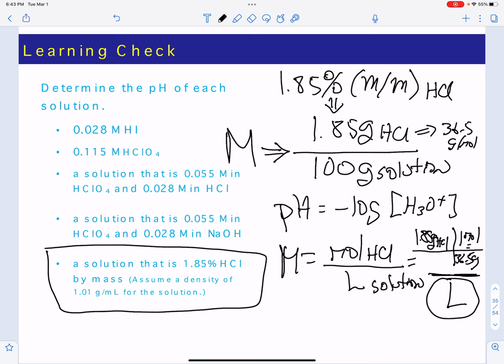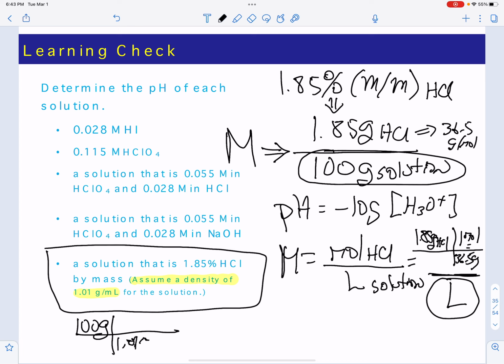So how do we find the volume? Well, we have 100 grams of the solution, and the problem is telling us that the density is 1.01 grams per milliliter. So given 100 grams of the solution, I can find the volume by using the density, right? 1.01 grams for every 1 milliliter.